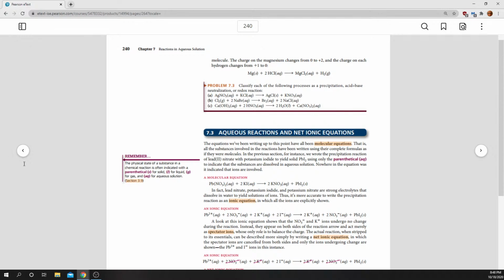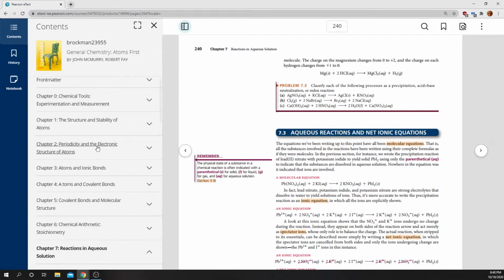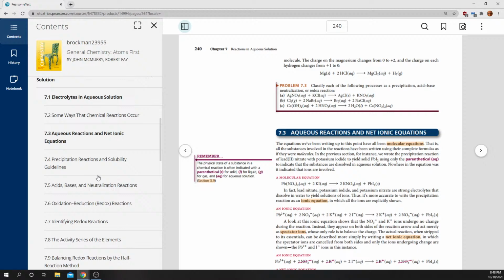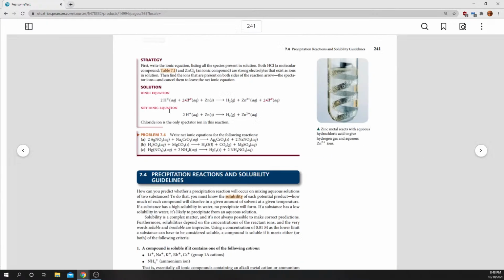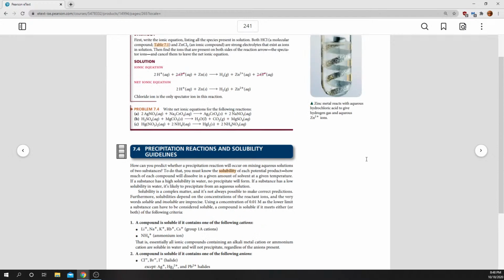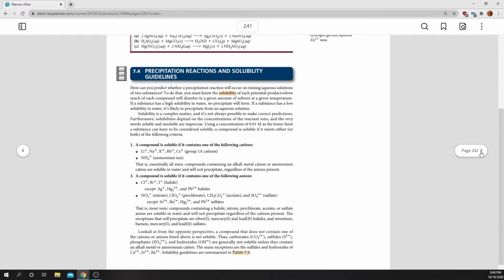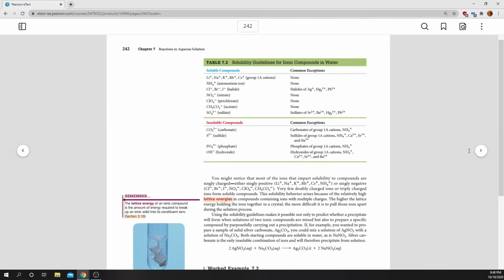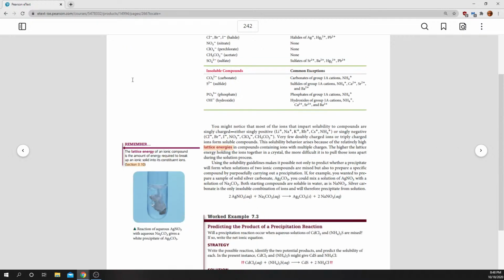I need to go back to the beginning of chapter 7 because I want to make sure I'm giving you all the information that they're going to expect you to know on the test, and the textbook is my guideline for that. No, they don't mention fluoride at all. Okay. Good. So you're not going to be expected to know.